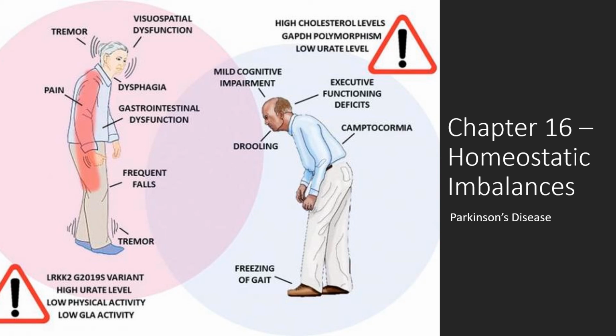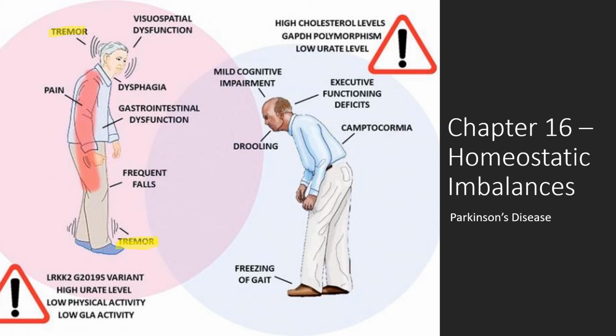We're usually going to have a lot of involuntary skeletal muscle contractions that interfere with voluntary movement. We're going to see shaking or tremors in the legs, but also in the arms, the head, pretty much tremoring all over the body.